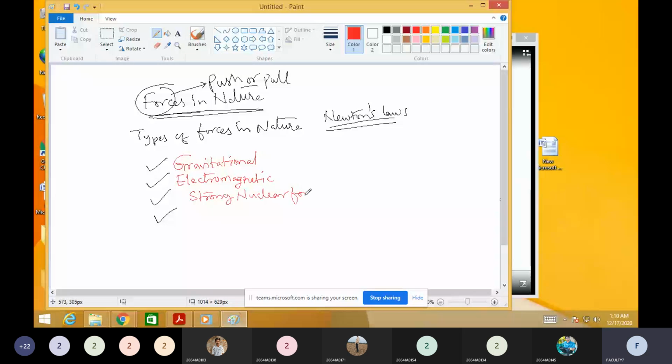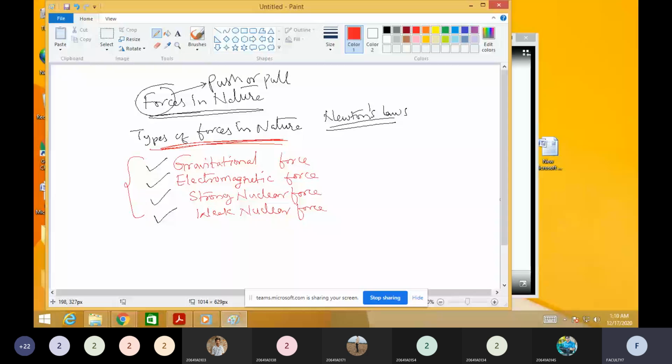Next, the last one is the weak nuclear force. So these are the four types of forces that we classify. The entire set of forces can be classified into these four types.